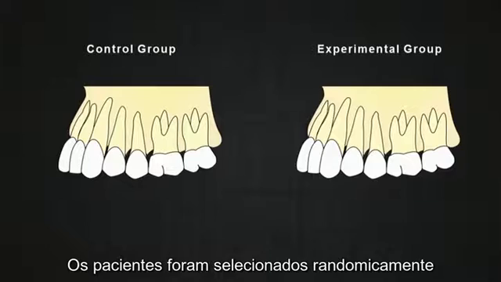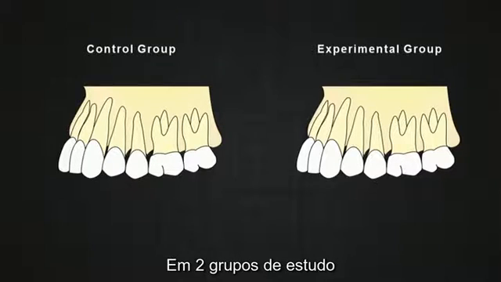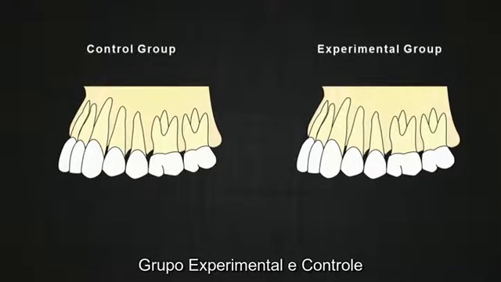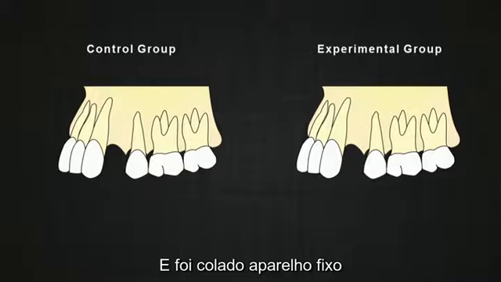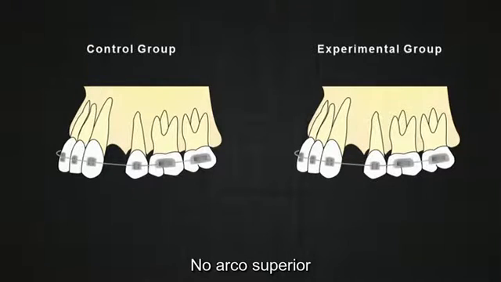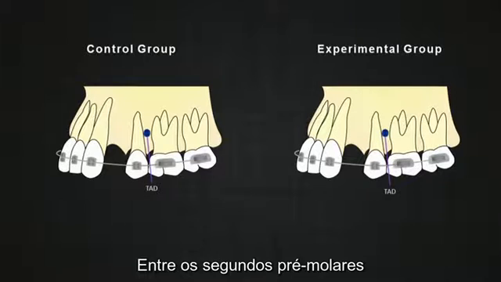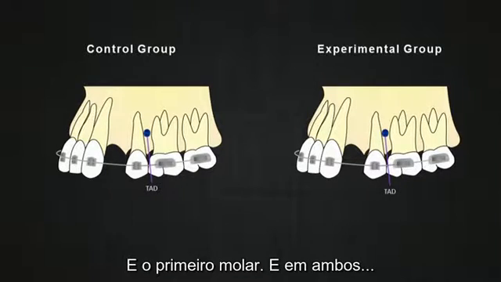Patients were randomly assigned to one of two study groups, experimental and control. In both groups, patients were referred for extraction of upper first premolars, and the upper arch was bonded with fixed appliances. In both groups, a temporary anchorage device, a TAD, was placed between the second premolar and the first molar.